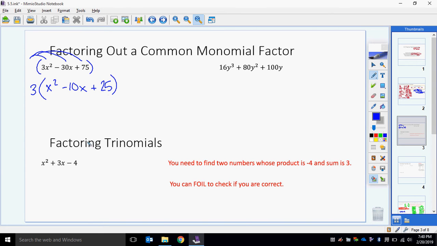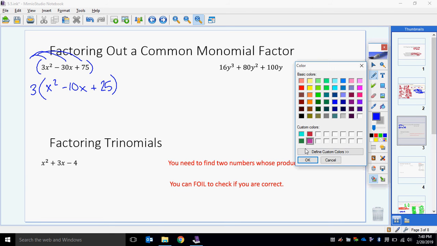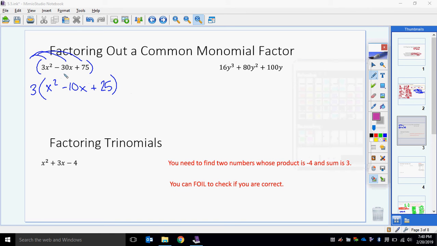So now that I've factored out a common monomial factor, I want to see if I can factor inside my parentheses any further. It's a trinomial, and so far we've only talked about perfect square trinomials. So I want to check and see, yes, the first and the back are 2 things being squared, right?